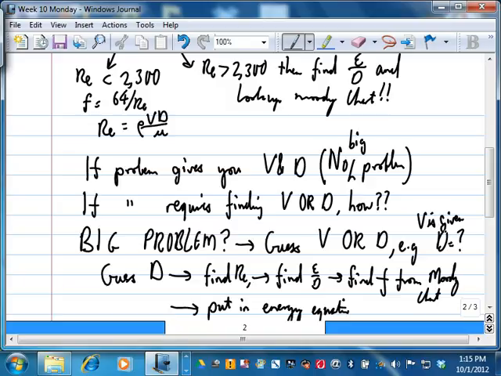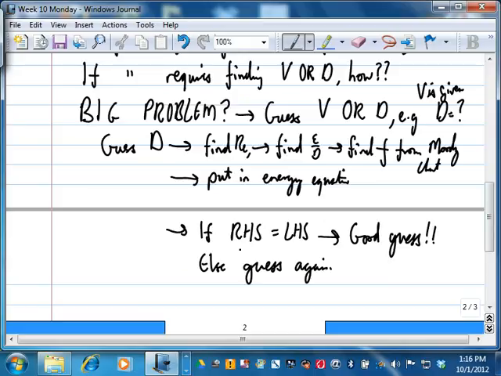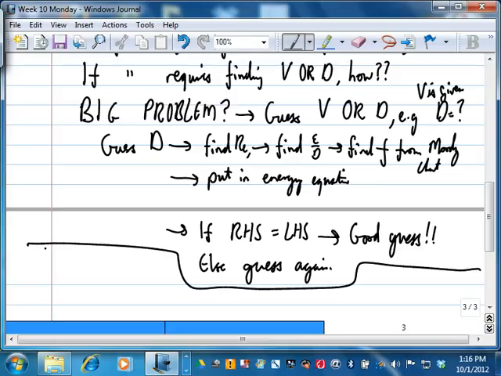Anything that has neither the velocity nor the diameter requires a guess. Then work through the problem and see whether your energy equation balances. We'll do practice problems, as that one takes quite a while, because if you guess wrong, you have to do it again and again. So we'll do practice problems in this week's tutorial.